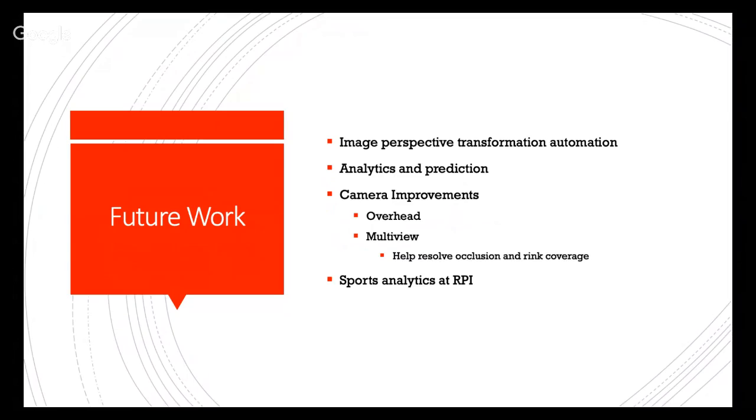We are working on a data set to learn specific rink coordinates from the image, and if we can identify those automatically, then we can just perform that transformation as we analyze the video. And we can go directly to XY coordinates and we don't have the mid step of player coordinates within the image.